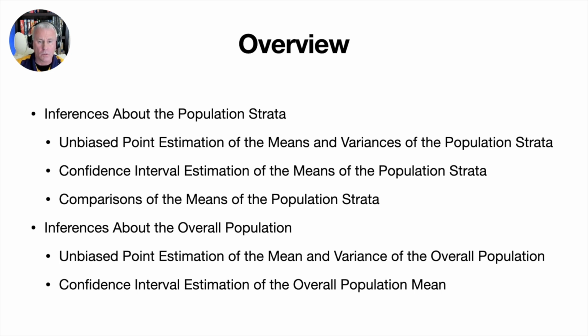Now our focus will be on pairwise comparisons, and we'll make these comparisons using confidence interval estimators of the difference between the strata means that are being compared. Next, we'll use the unbiased point estimators of the strata means to come up with an unbiased estimator of the mean of the overall population. We'll also come up with a confidence interval estimator of the overall population mean.